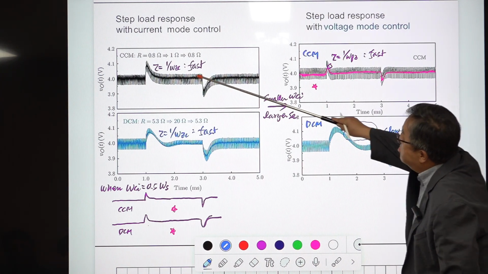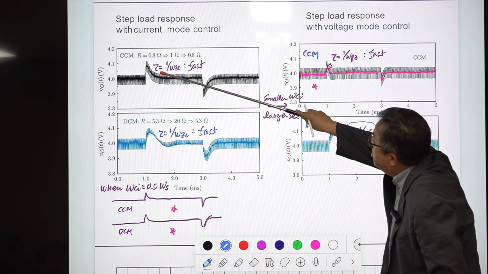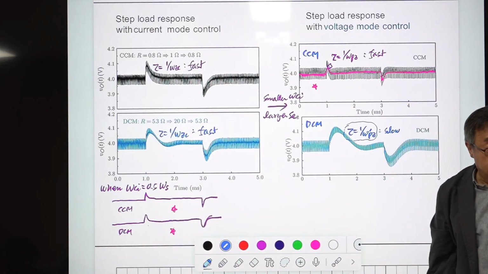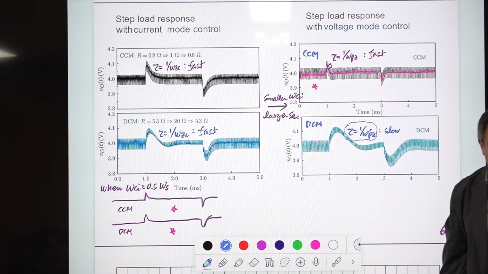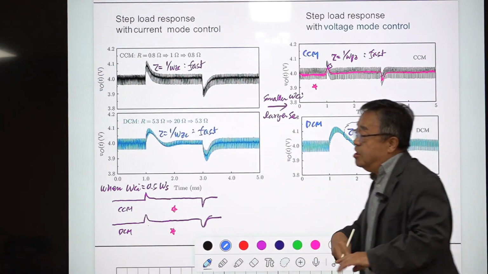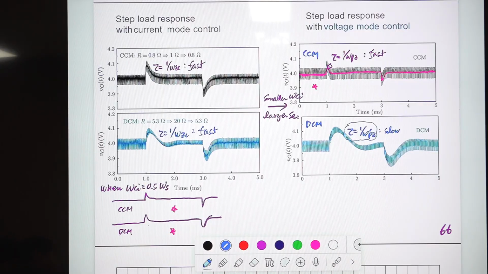But here, this is with current mode control. This is the CCM, and this is the DCM. They are almost the same, very similar. Okay. This is with this design.